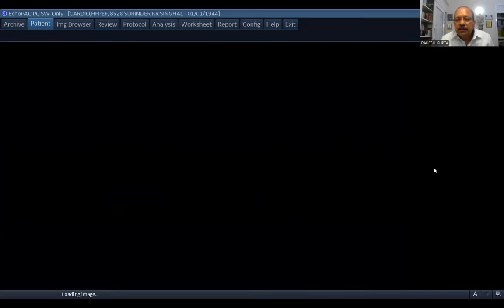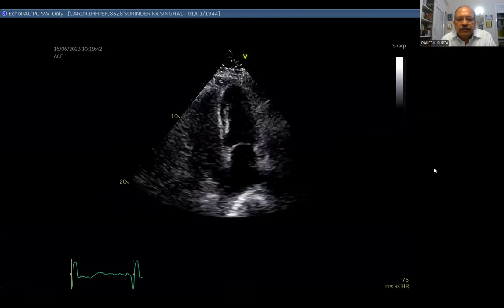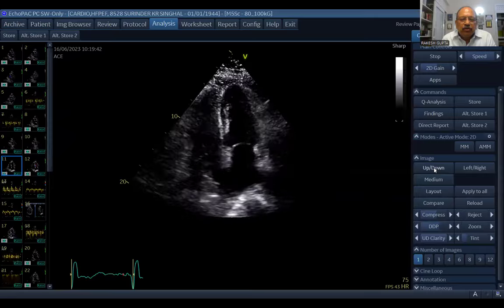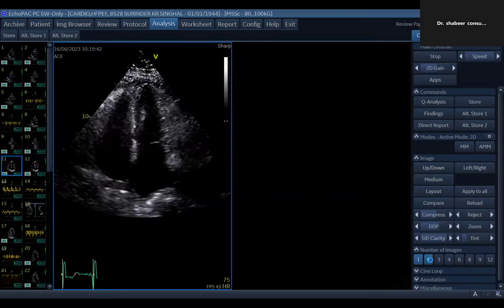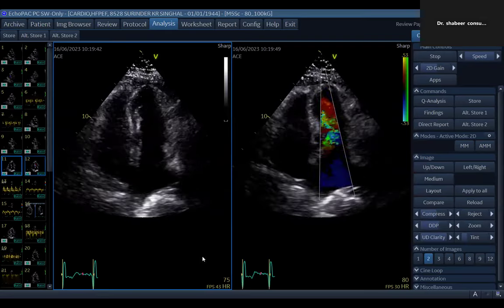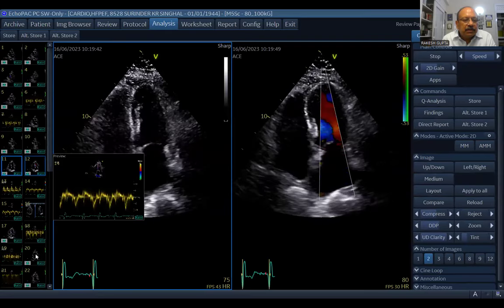All right. So we can see four-chamber view. Yes, sir. So I'll get one more picture.